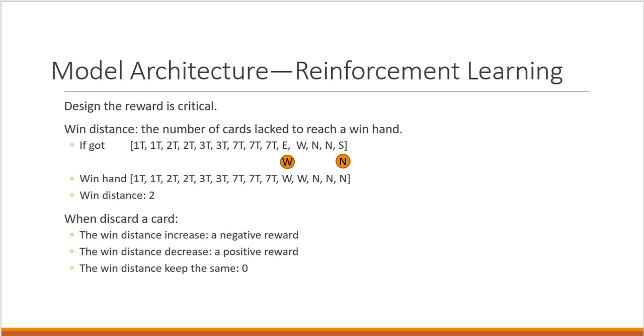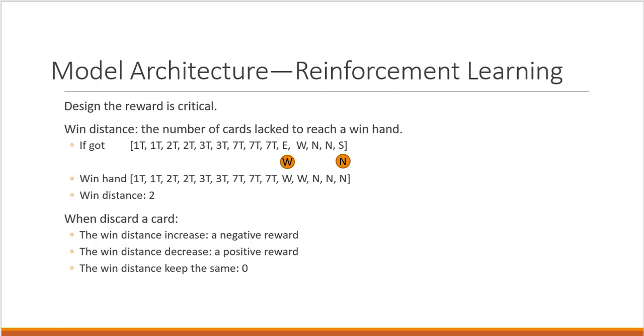Here is an example. Suppose we have got these cards in our hand, and the nearest winning hand is like the following one. So we can find that we only need to replace the east by west and the south by north. Then we can get a winning hand. So here the win distance is 2.